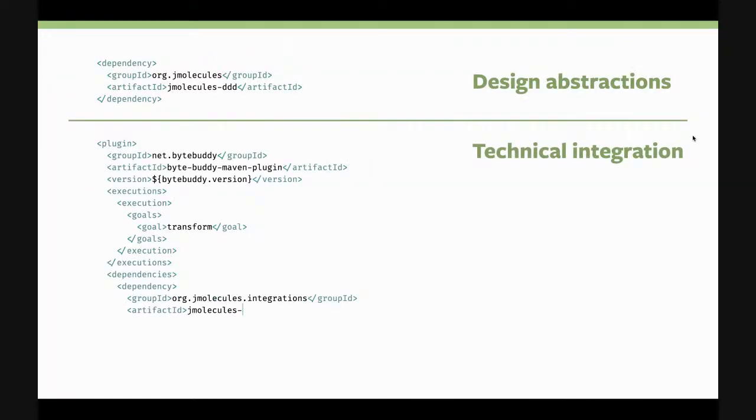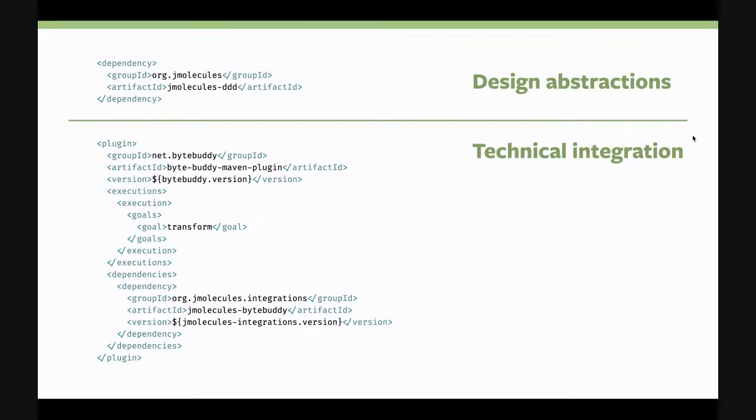We can integrate a ByteBuddy Maven plugin that the jMolecules integrations project actually provides. That ByteBuddy Maven plugin does the following. It knows about the jMolecules concepts that you've expressed in your code base, and it also inspects your classpath. So it finds out, oh, you're using JPA because there's a JPA provider on your classpath.